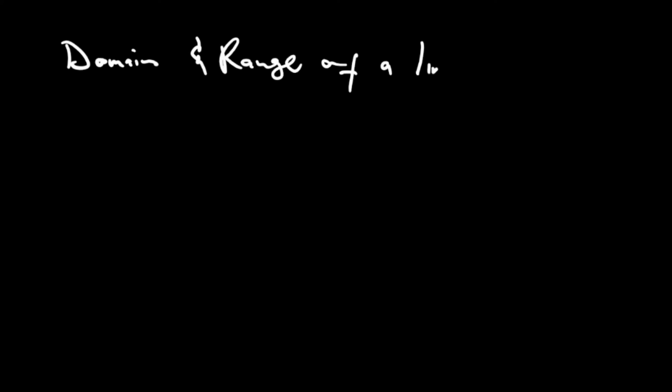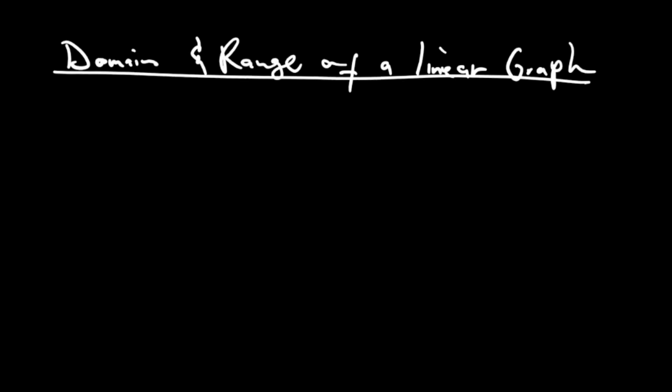So now we are going to identify the domain and range of a linear graph, right? So a linear graph, which is a straight line. So now let's say we're having a function like this.